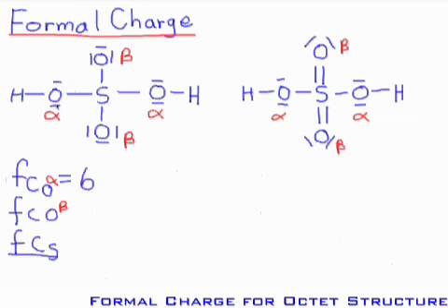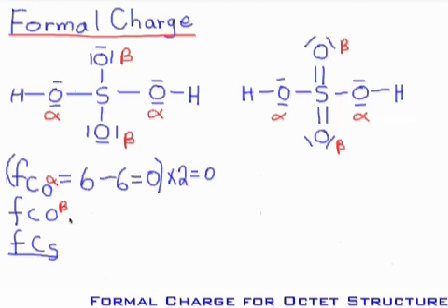It has 1 lone pair, 2 lone pairs, that's 4, and it gets 1 electron from each bond, 5, 6. So 6 minus 6 equals 0. Now, you must remember to multiply this by 2. Why do we do that? We have to multiply it because there are 2 oxygens. So 2 times 0 is 0.